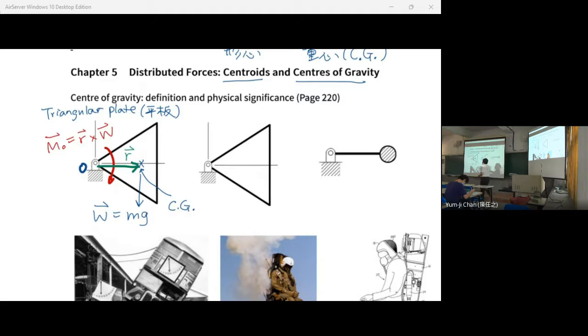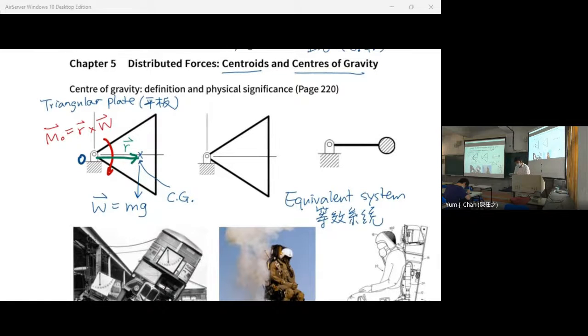So we know this. Can we draw a system? Can we draw an equivalent system where the weight is here, m, and of course we have a force mg here, and we have the same R here.